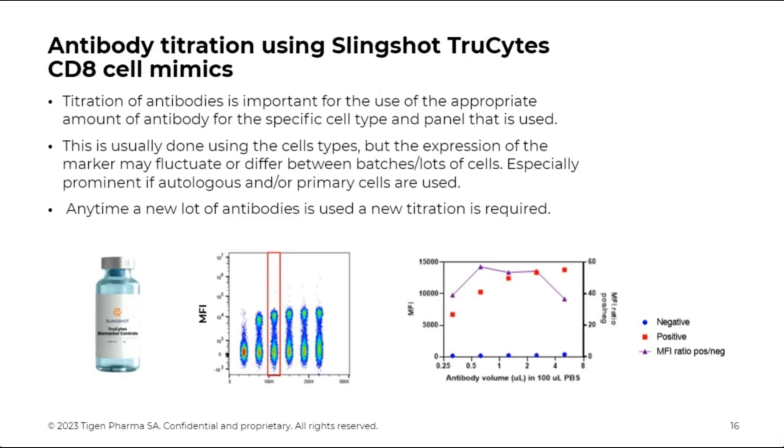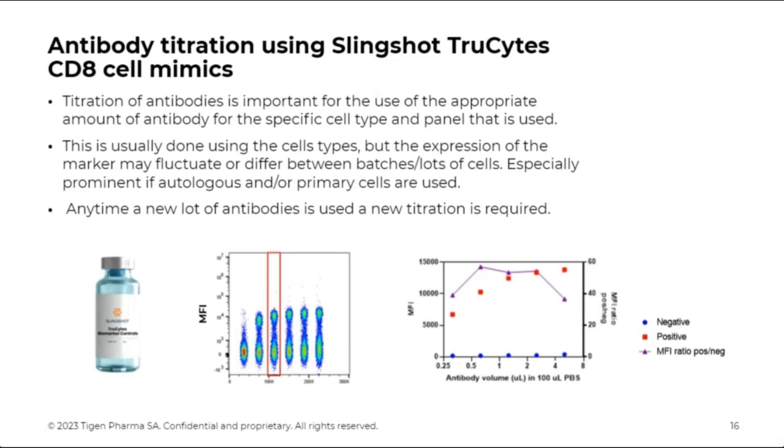On the y-axis is the mean fluorescent intensity, the strength of the signal that we get from the fluorescent antibody. And then on the x-axis, we have the different volumes that we tested. And to the far left here is the sample in itself without any antibody added.